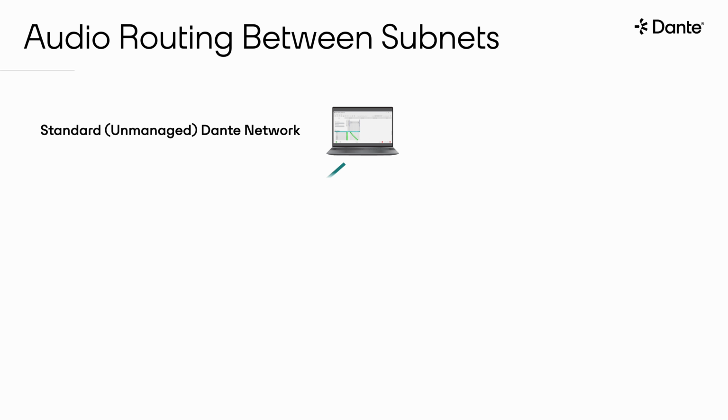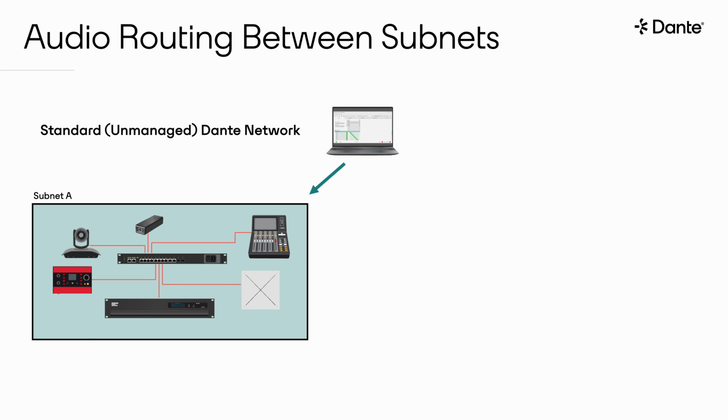Okay, let's talk about how Dante Director works when you need to send audio between devices that are in different subnets. As you might remember, in an unmanaged Dante network, Dante Controller is only aware of devices within a single subnet.